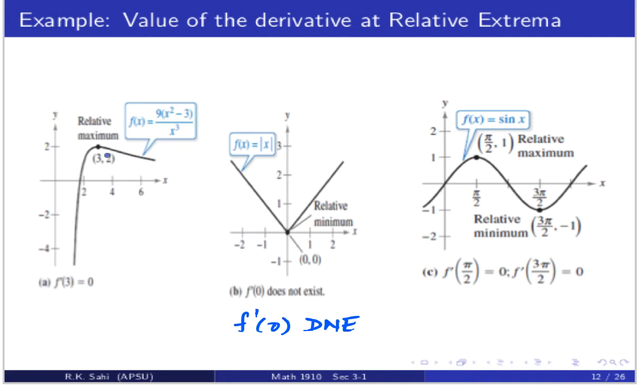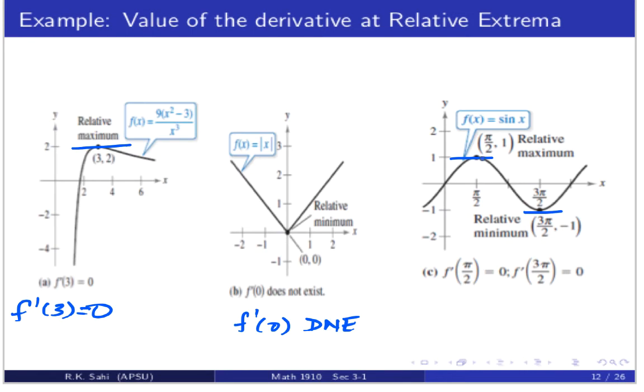Let's look at this first graph. Notice there's a nice little hill happening at 3. So we can draw a horizontal tangent line. That means the derivative of that function at that point, because it's a horizontal tangent line, is 0. Now let's look at the sine curve. We have a nice little hill at x equals pi halves and a nice little valley at x equals 3 pi halves.